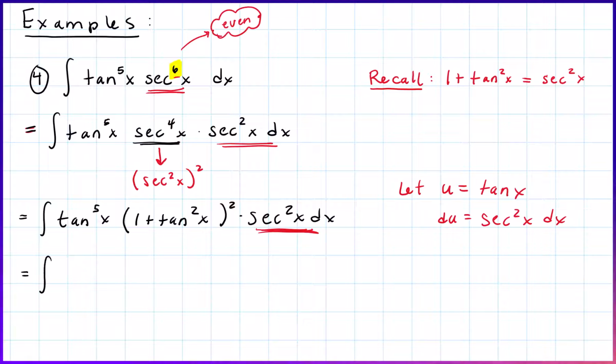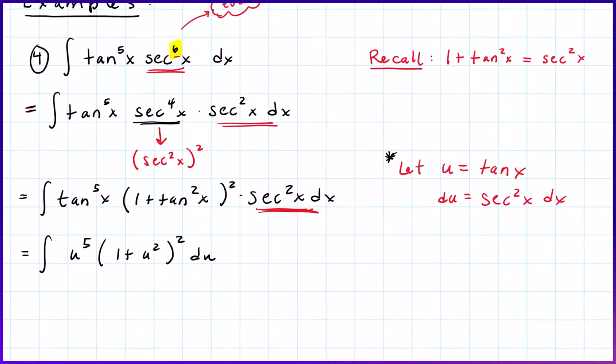So I can make those substitutions. This becomes u to the fifth times 1 plus u squared squared, and the secant squared dx is my du. So doing those little steps, pulling that secant squared off and converting what was left into tangent, gives me the ability to do this right here where we made that u substitution.